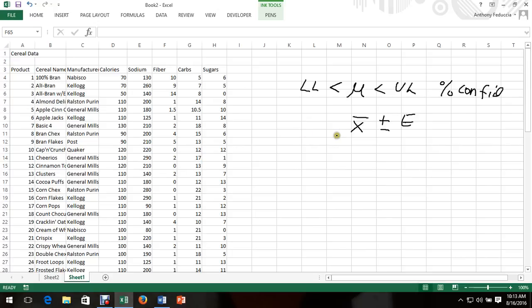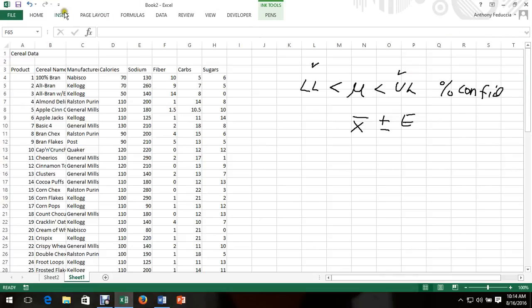This is only 67. So we're going to compute this error term, and the error term is going to be added and subtracted from the sample mean to come up with the lower limit of the confidence interval and the upper limit. Now, there's an easy way to do this. I'm going to show you how to do it right now.